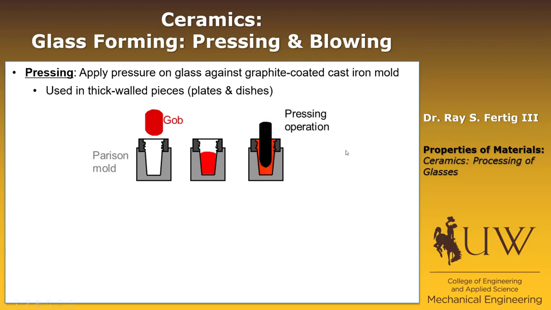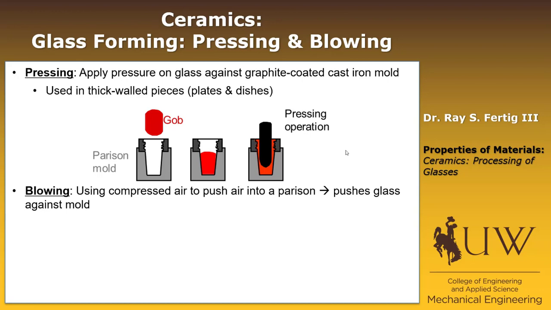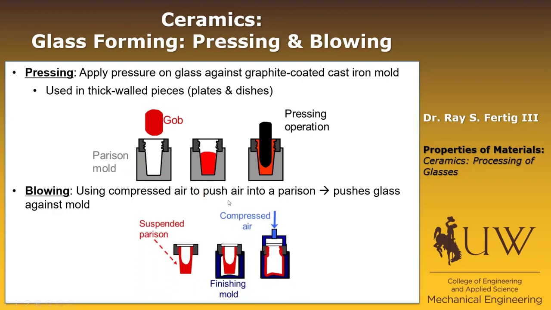Very simple. If you've been to a lot of carnivals or amusement parks or whatever, they'll have glass blowers. That's another method of forming. In this case, all it's using is compressed air to push air into what's called a parison, and we formed one up here just by example, and it pushes the glass against the mold.